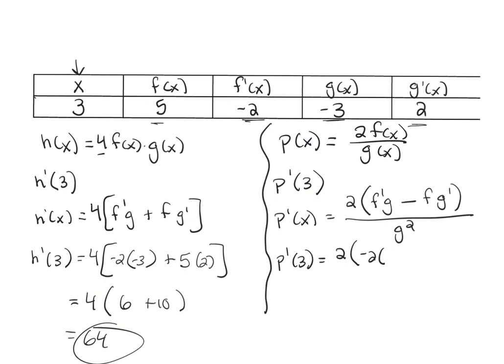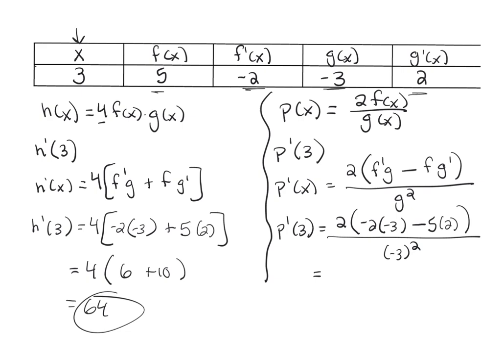Regular g at 3 is negative 3, minus f is 5, g prime is 2, all over regular g squared, negative 3 squared. Okay, so I will have 2 and then negative 6 minus 10 over 9, which will simplify to negative 8 over 9.